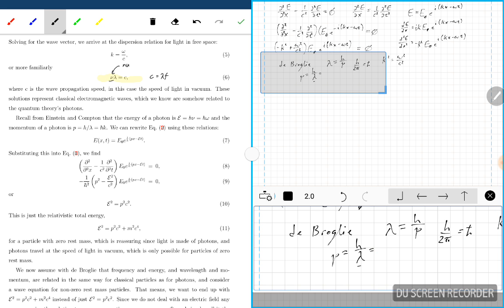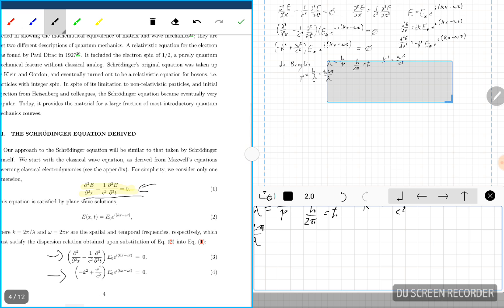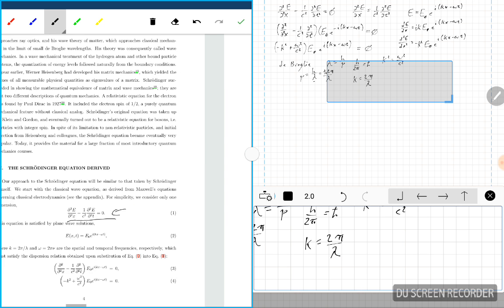So that would be h bar times 2 pi over the wavelength is the momentum. And then, as we saw before, we know that k is 2 pi over the wavelength.